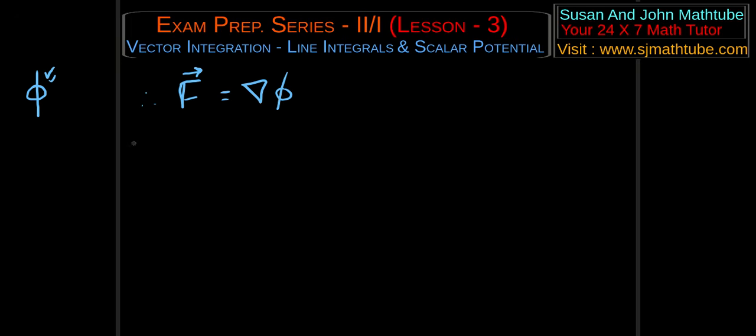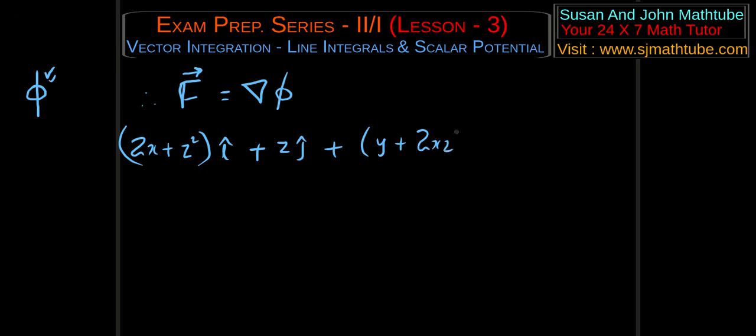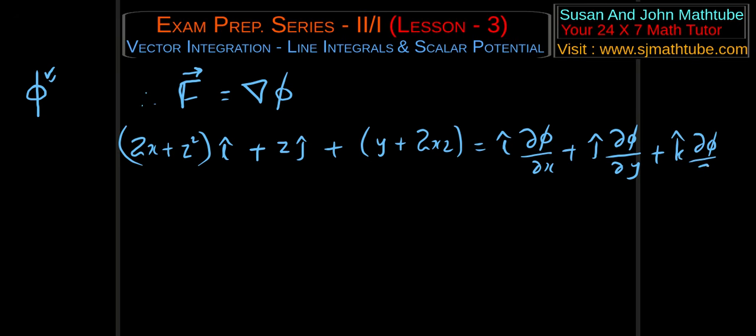And f is the given function, and that is 2x plus z square times i plus z into j plus y plus 2xz, and what is del phi? i partial with respect to x plus j partial with respect to y plus k partial with respect to z.